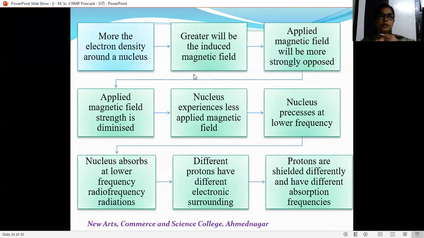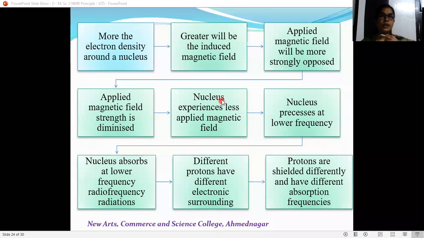If the applied magnetic field is opposed strongly, the magnetic field strength is decreased. Whose magnetic field strength? Applied magnetic field strength is decreased. And as the applied magnetic field is decreased, what happens? The nucleus experiences less applied magnetic field.